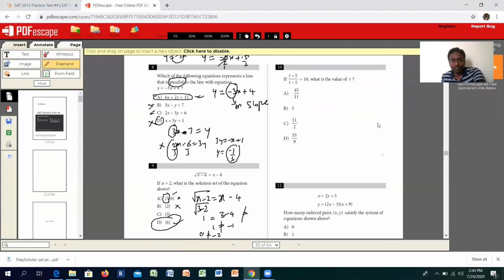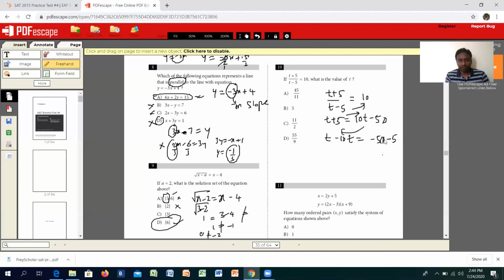Moving on to the next set, question number 10. Again, an algebraic fraction we have with the unknown t. We need to work it out and get the values. Just multiply it, so you get 10 times t minus 50, bringing t terms together and the numbers together, like terms, is equal to negative 50.